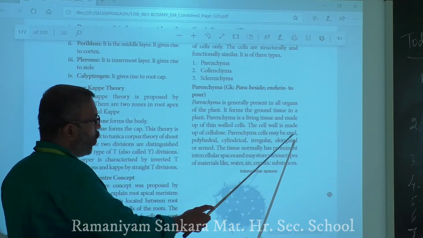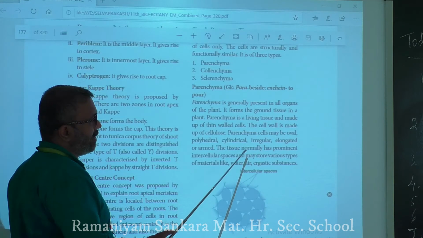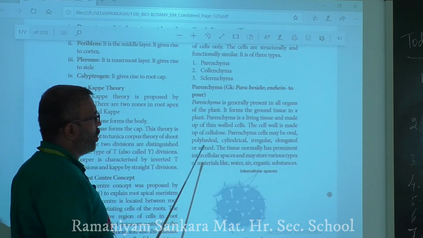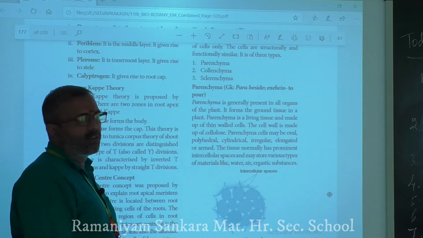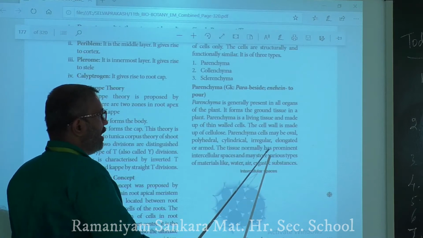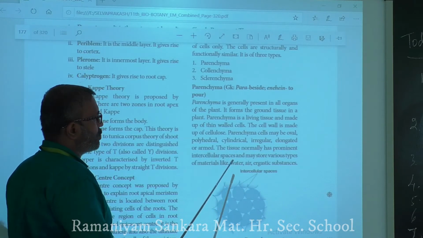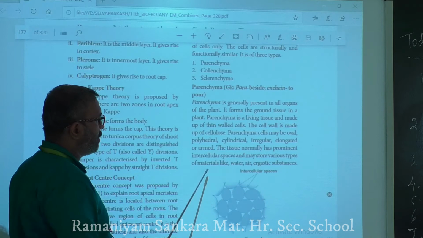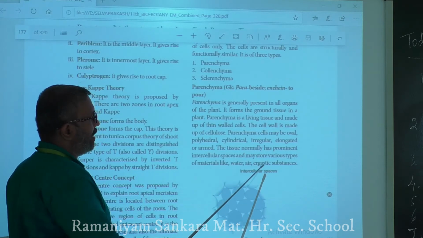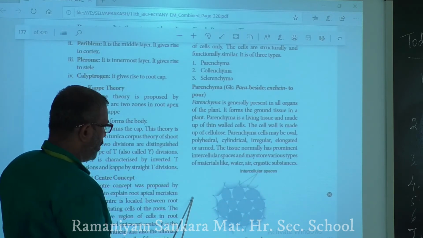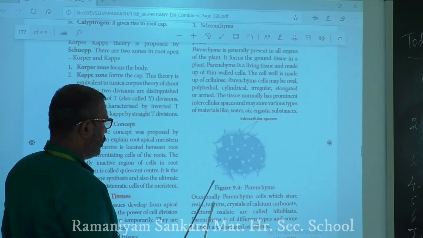Parenchyma cells may be oval, polyhedral, cylindrical, irregular, or elongated. The tissue normally has prominent intercellular spaces and may store various types of materials like water, air, and gaseous substances, and occasionally resins.